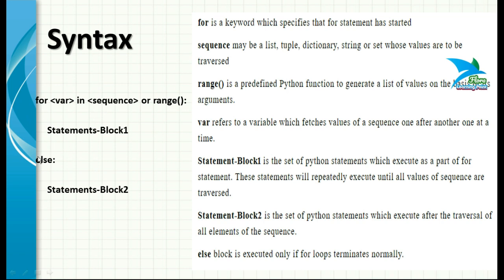Then next we have the else portion. This one is an optional portion of a for loop. The else portion will execute only when the loop terminates normally. That means after the normal completion of the loop, the else section will execute once at the end of the loop.